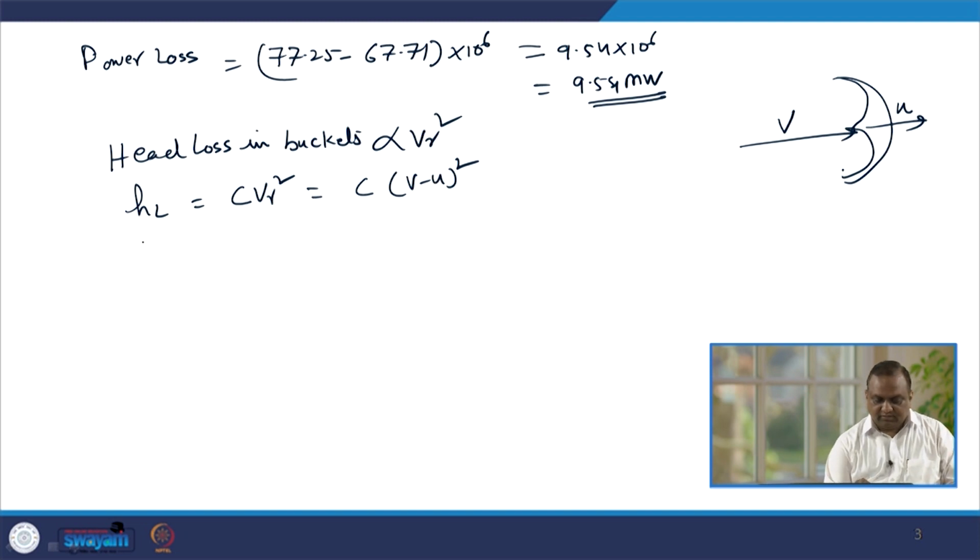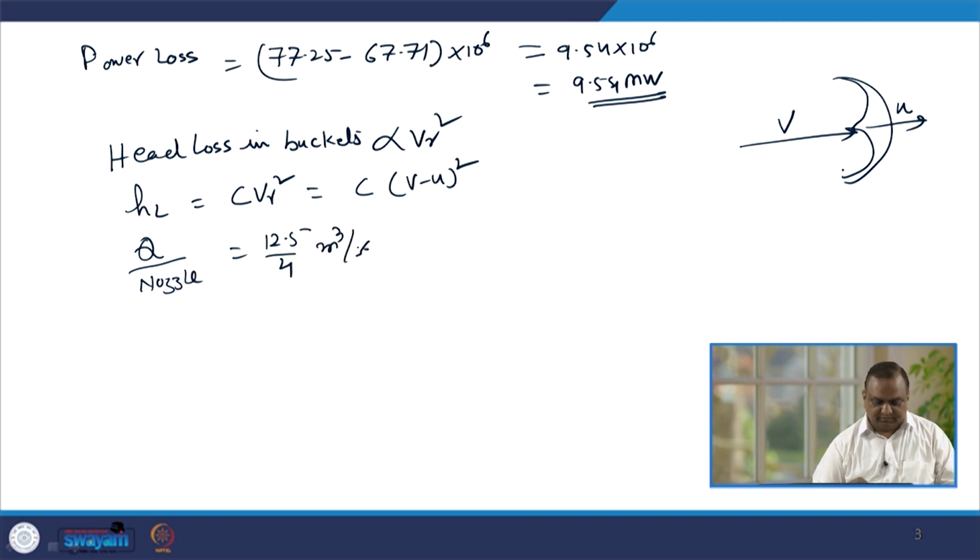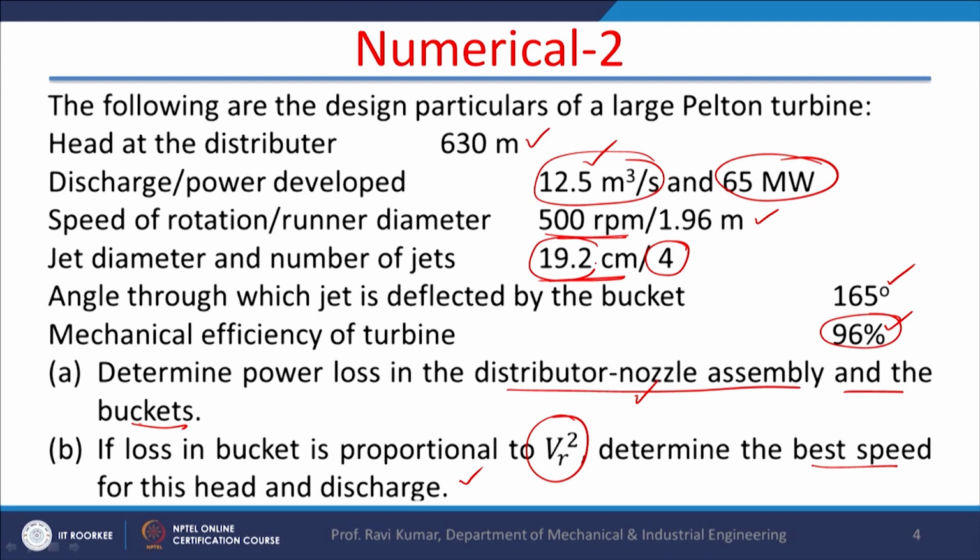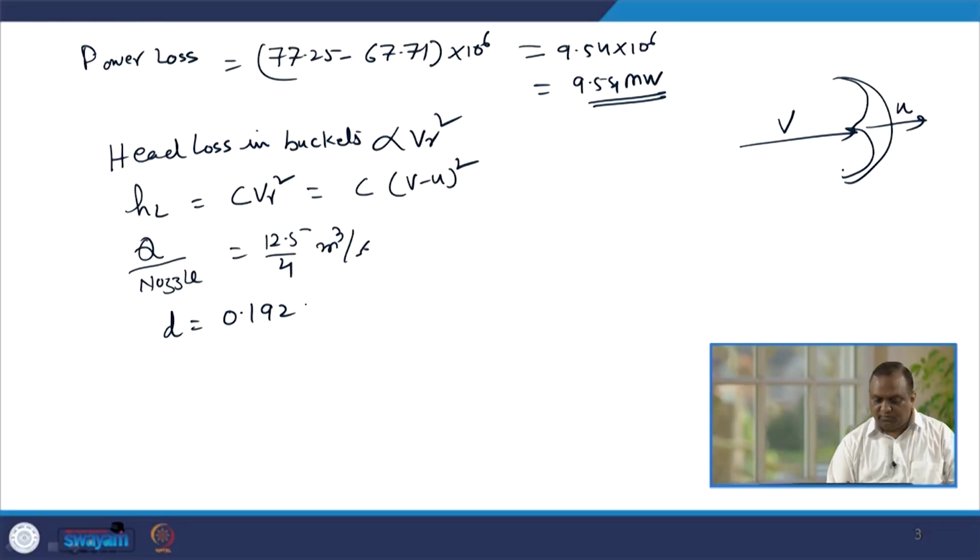right. Now, Q per nozzle is equal to 12.5 by 4 meter cube per second, right. Now, from this Q, the diameter of the nozzle is also given, 19.2. So, diameter of the nozzle is 0.192 meters, right.